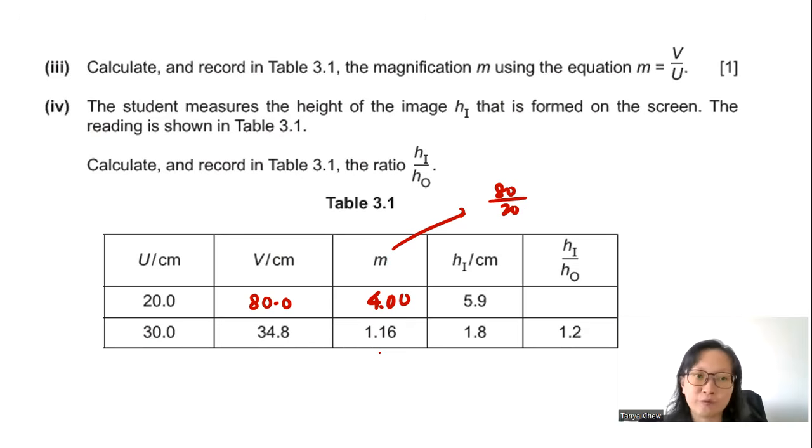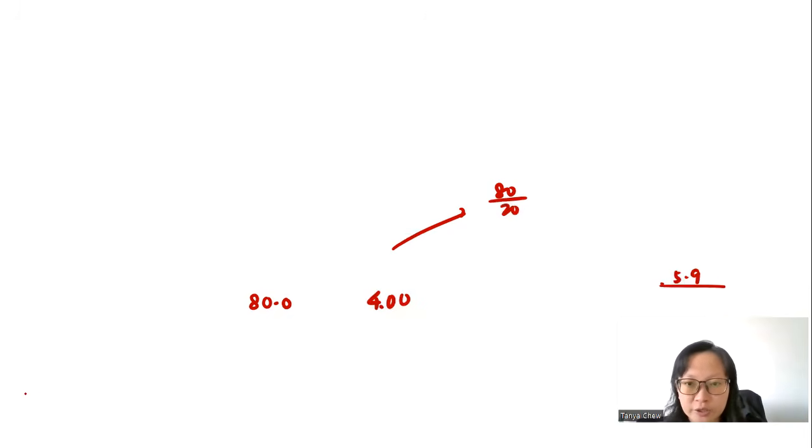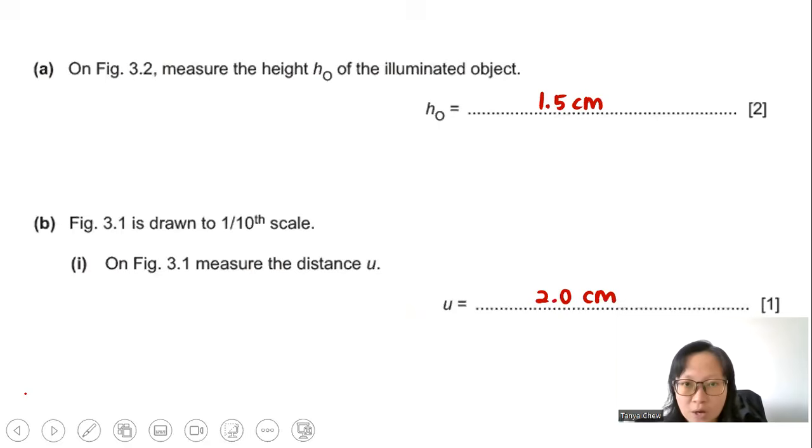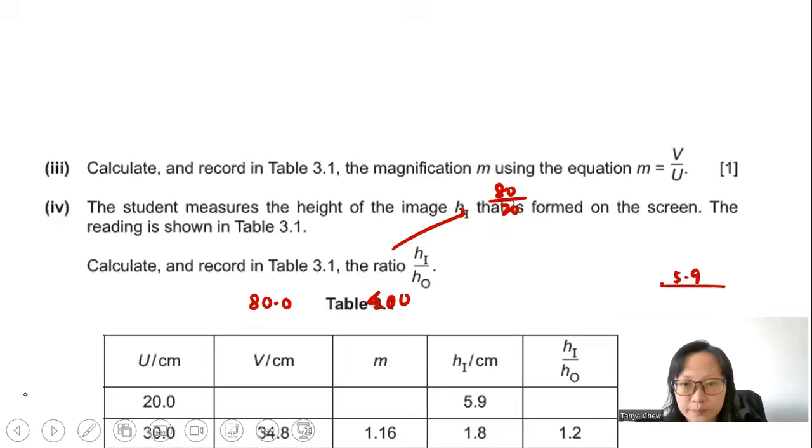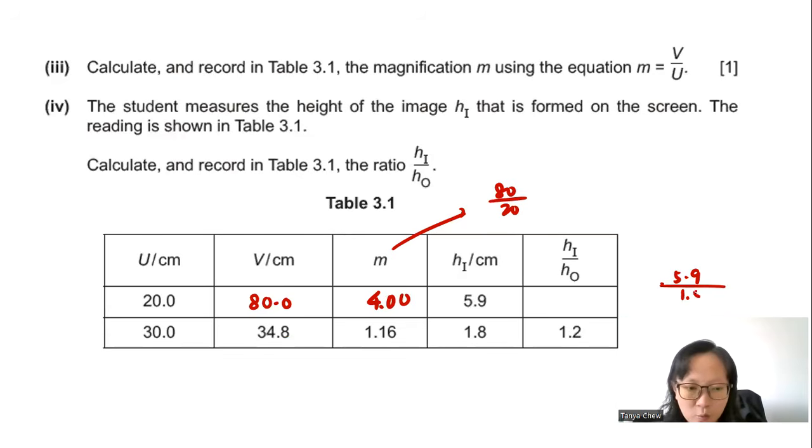And calculate and record in table 3.1 as well the ratio hi over h naught. So hi is 5.9, h naught is the one that you measured earlier, which is 1.5. So divide and you're supposed to get 3.9. There's no unit for hi over h naught because the units cancel off.